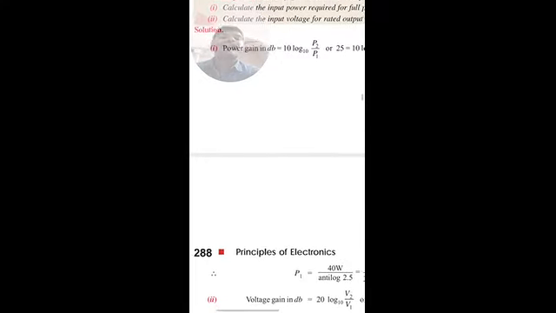In the second example, calculate the input voltage for rated output. Output voltage V2. So voltage gain is 20 log of V2 by V1. Voltage gain of 40 dB is given.